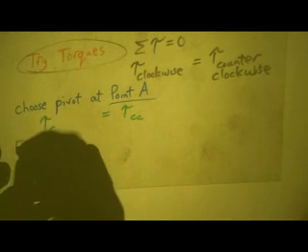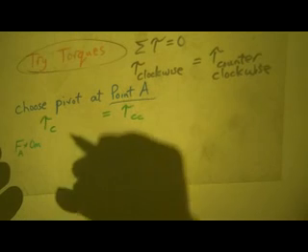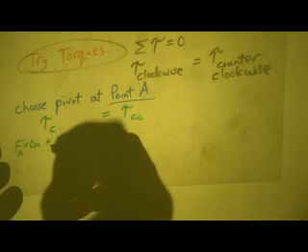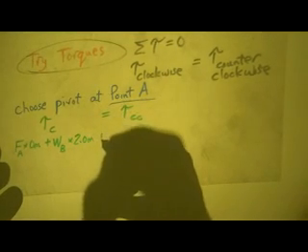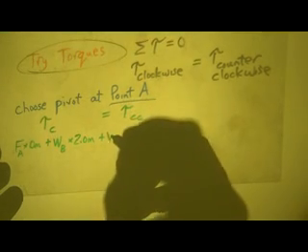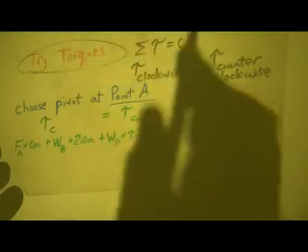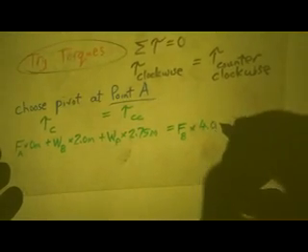So I could say FA, the force at A times 0 meters, it just doesn't contribute at all, plus the weight at B times that distance, which is 2 meters, plus another clockwise torque is the weight of the person times 2.75 meters is equal to the counterclockwise torque, which is the force at B times the full length, 4.00 meters.